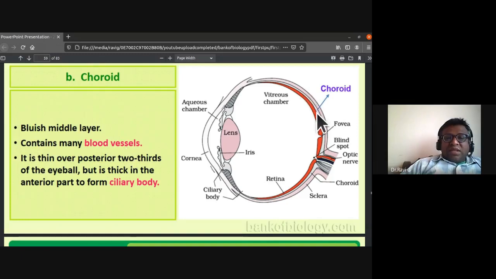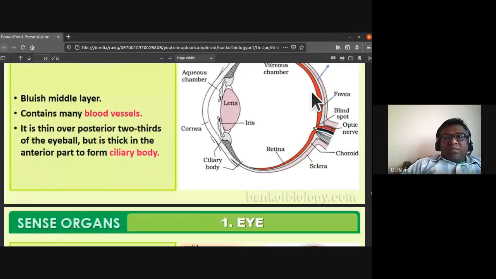It is very thin over the posterior two-thirds of the eyeball, but is thick in the anterior part to form the ciliary body. You can notice the ciliary body; in the anterior part, the choroid is thick.